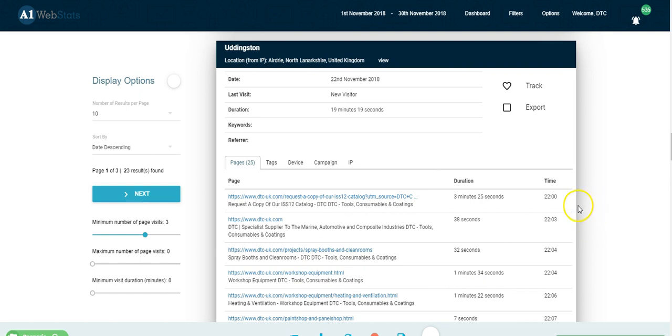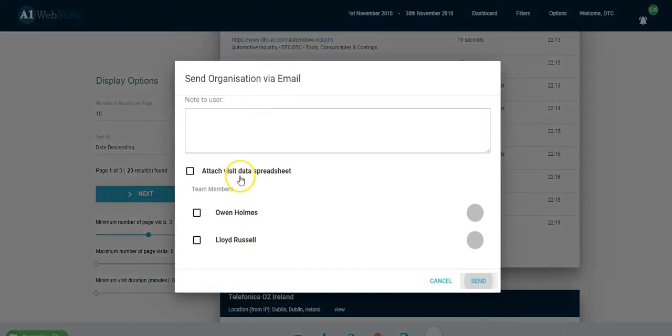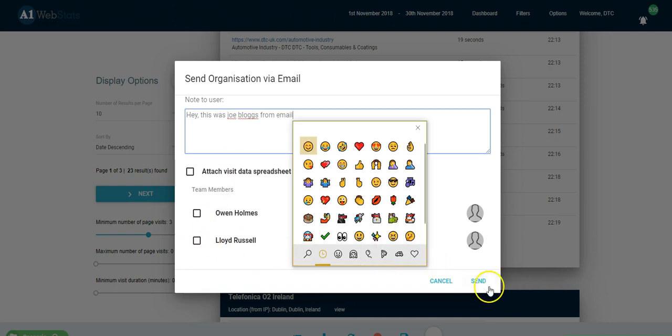However, what you could do is take this date and this time, which is when they entered the website, and cross-reference that with your email system, for example MailChimp, work out who that person was on that date and time, and then you could perhaps communicate internally and say something like, hey, this was Joe Blogs from email, and then tick someone and then send it to them.